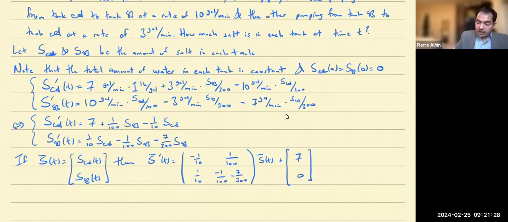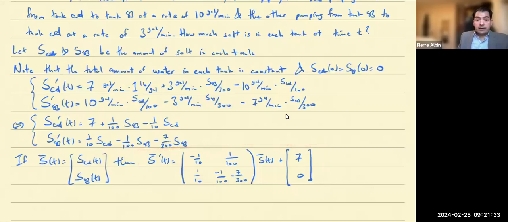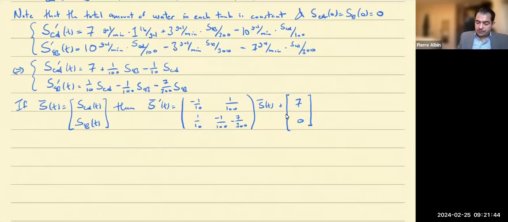Okay, so again, we have a linear system, a linear first order equation for vector valued functions, where we have non-homogeneous because of this vector 7, 0.